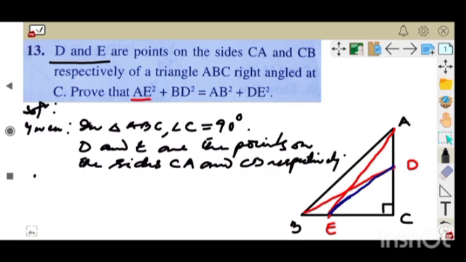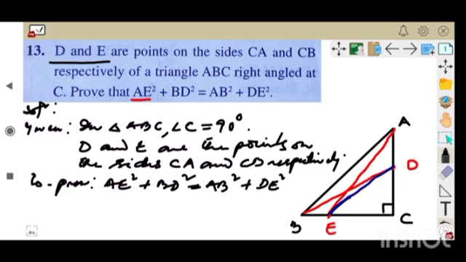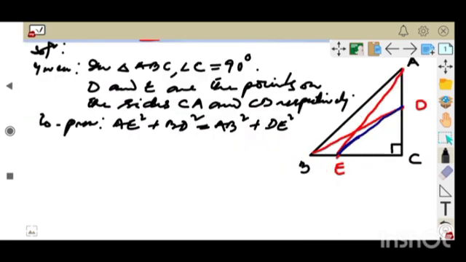Next, to prove, we need to write here AE square plus BD square equal to AB square plus DE square. Next I'll write procedure.